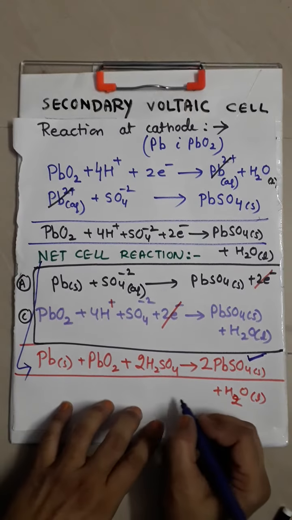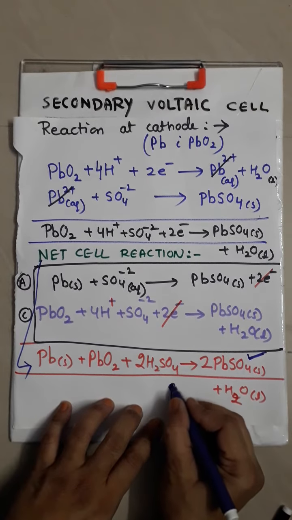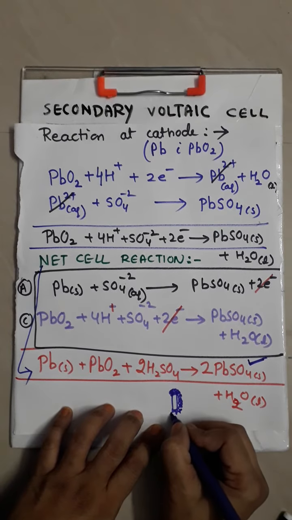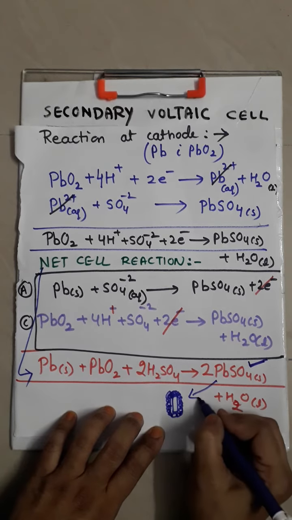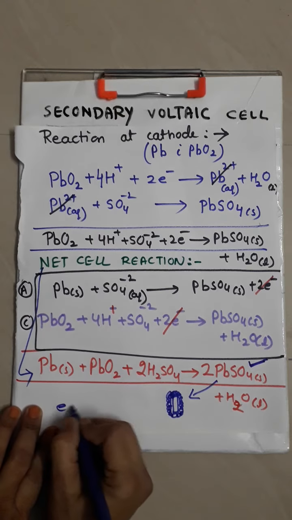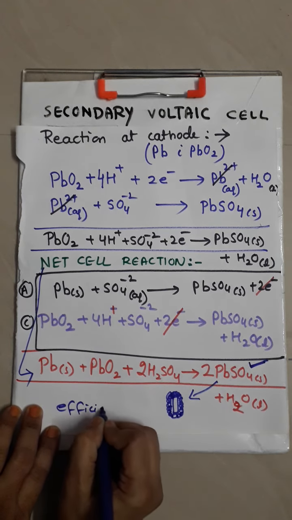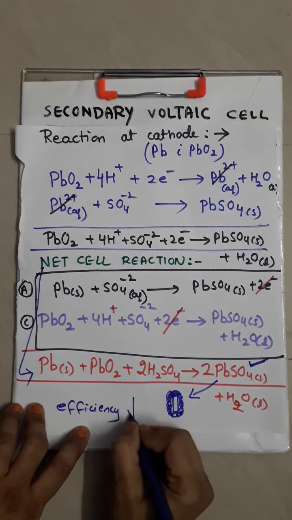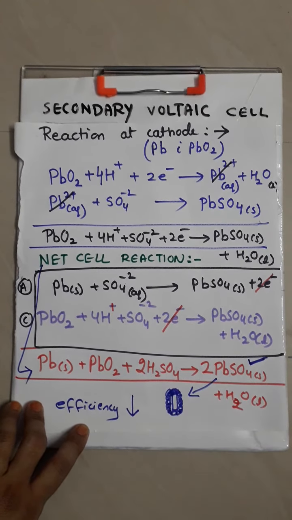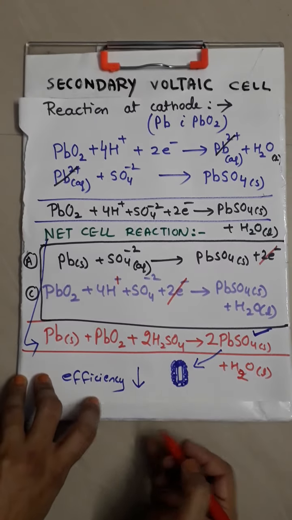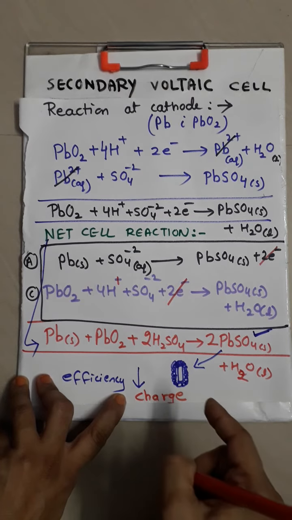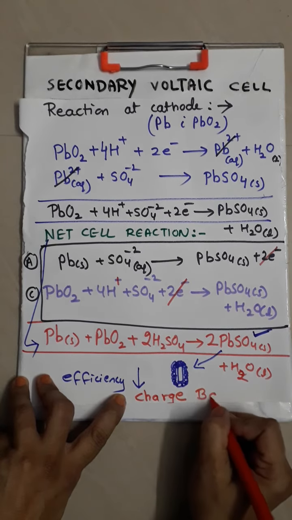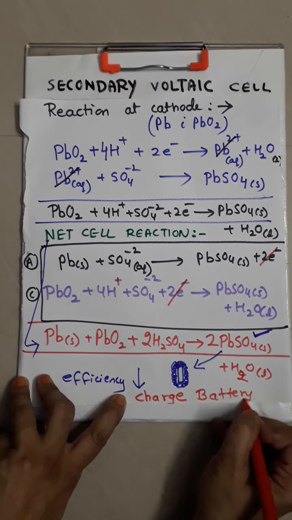It means both the electrodes are developing a coating of PbSO4, hence the efficiency of the battery decreases, and that is the reason students we have to charge the battery. This is the stage when we have to charge the battery.